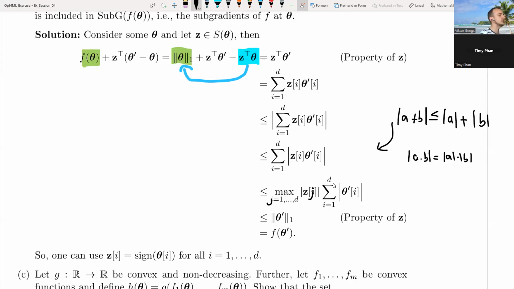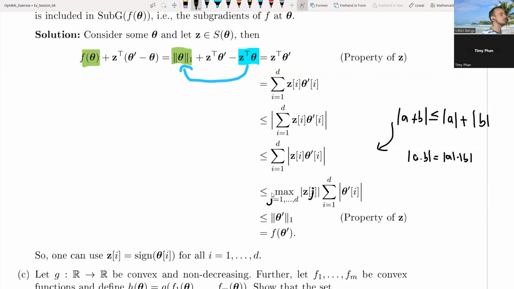So this is a fixed value. One of the components, or it might be multiple, but at least there is one which is in absolute terms the largest one. We can replace all of them by that one, and we make this whole thing only larger or equal.